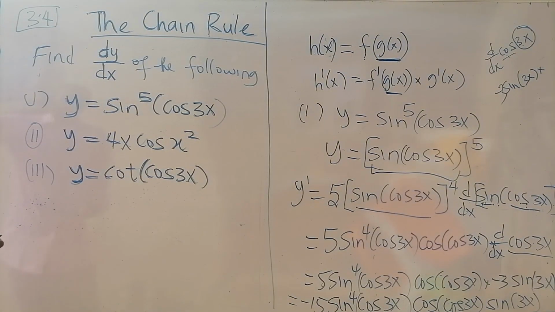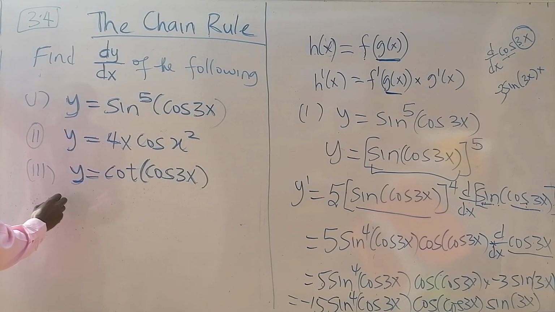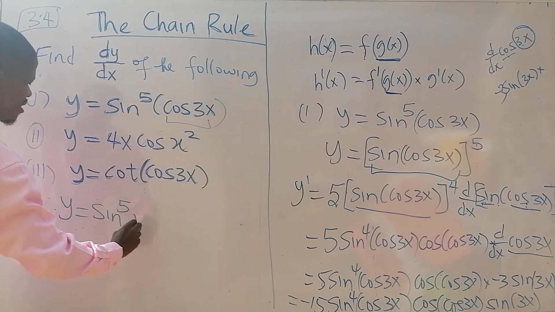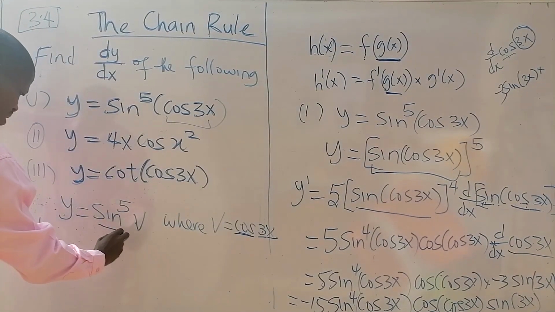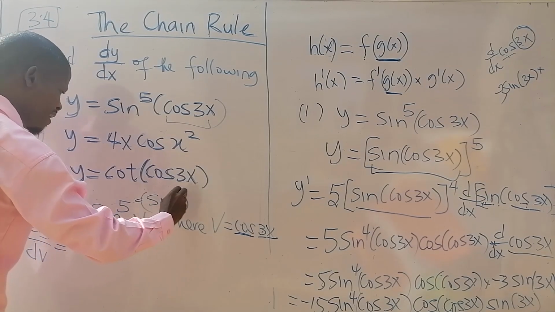Another way you can differentiate this particular question is to write it in this form. I'm going to call this one v, where v is the same as sin x, so we have v to the power 5.